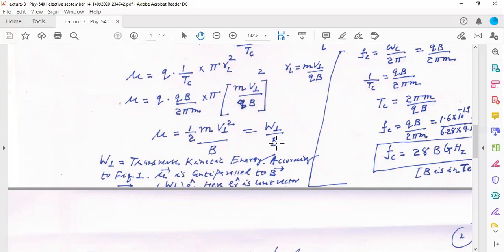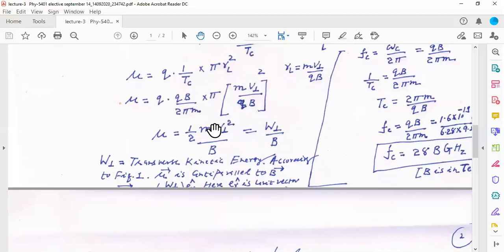Then the direction of the magnetic moment is opposite to the applied magnetic field, and this is the diamagnetic behavior of the particle.